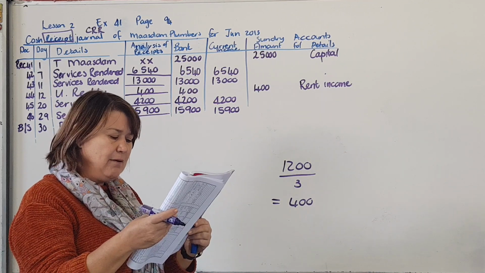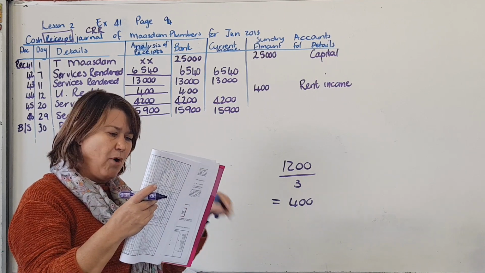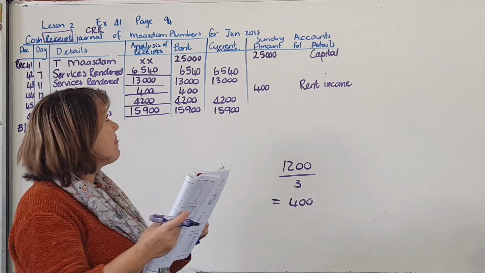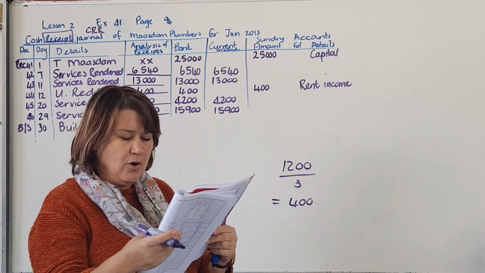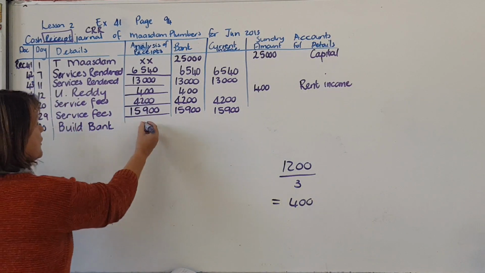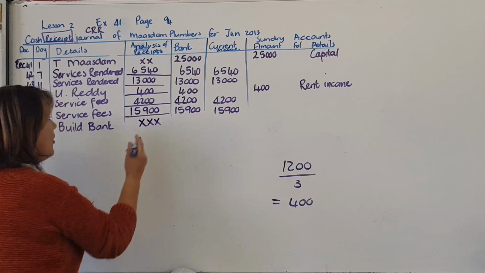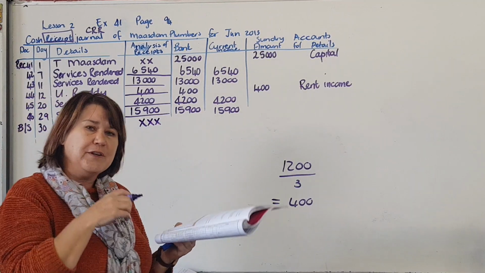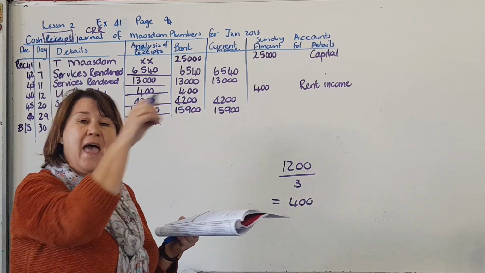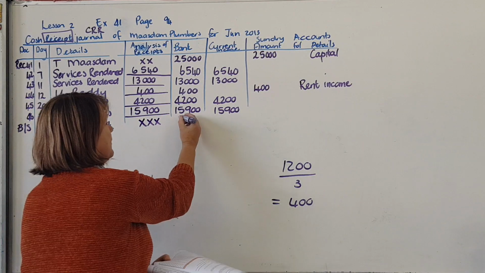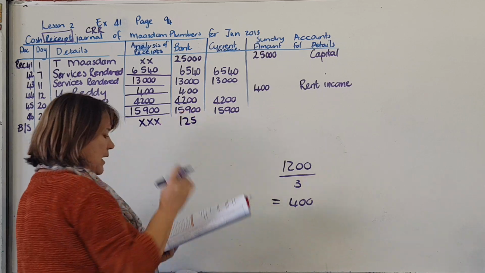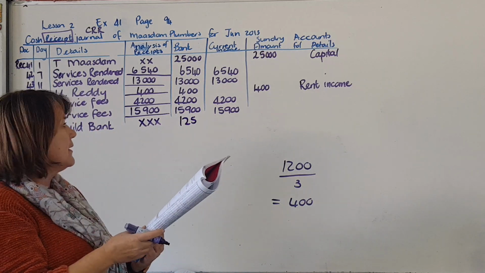So this master plumbers received interest from the bank, 125,000. Remember, the bank's not going to phone us and tell us, come and fetch the 125,000 and then you pay it into the bank account. What are they going to do? They're going to put that 125 directly into my bank account.